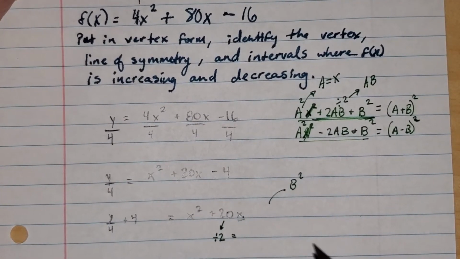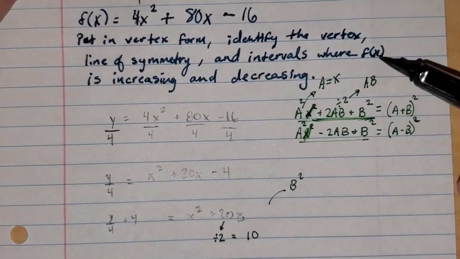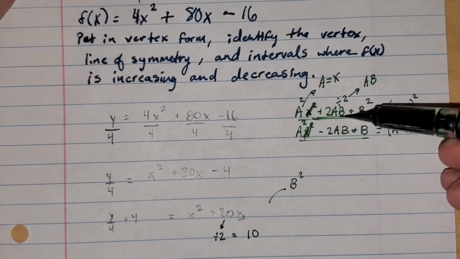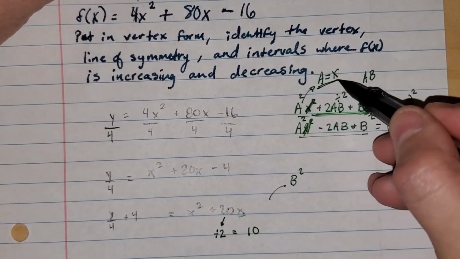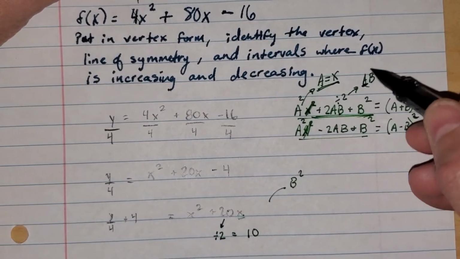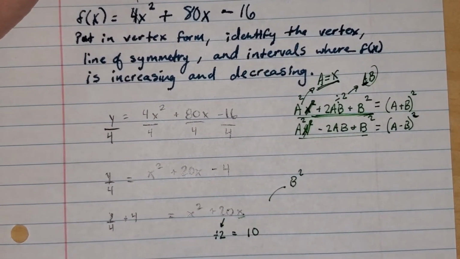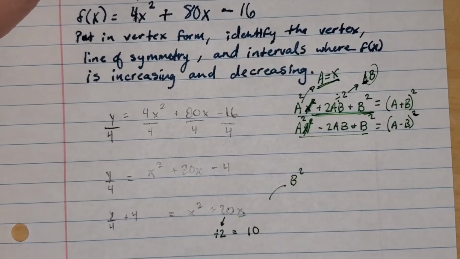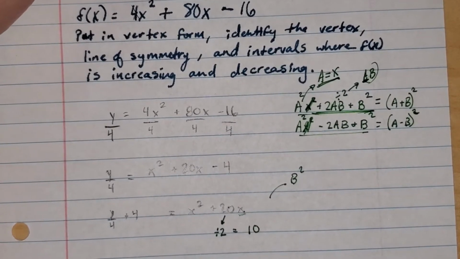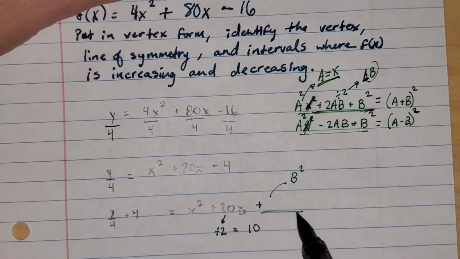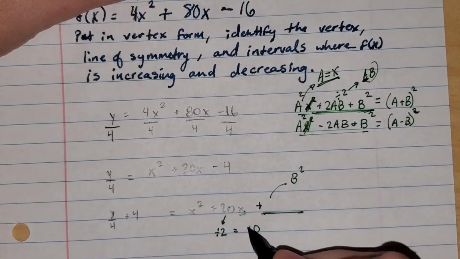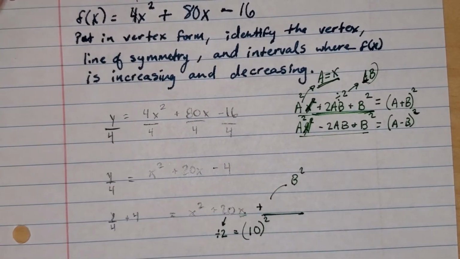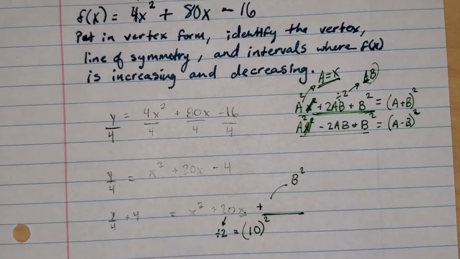Okay, so I'm going to take this term, divide it by 2, and I'm going to drop off the x. Now, if I divide this by 2, and then I drop off the x, what do I have? I just have a b. Okay, b is 10. I need to add b squared. So I take this term and I square it. Now, if you understood that, that's great.